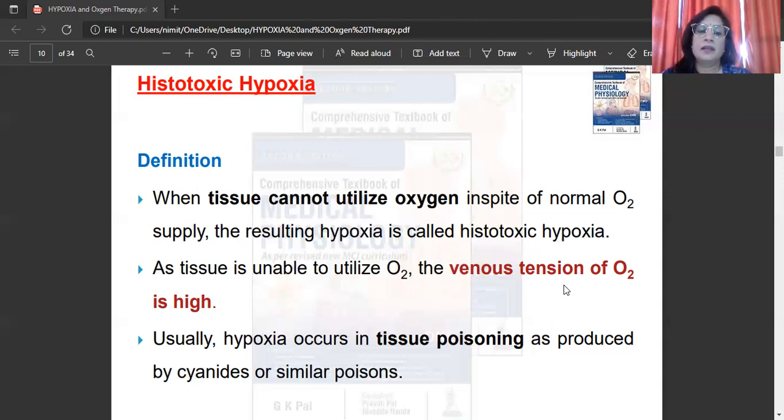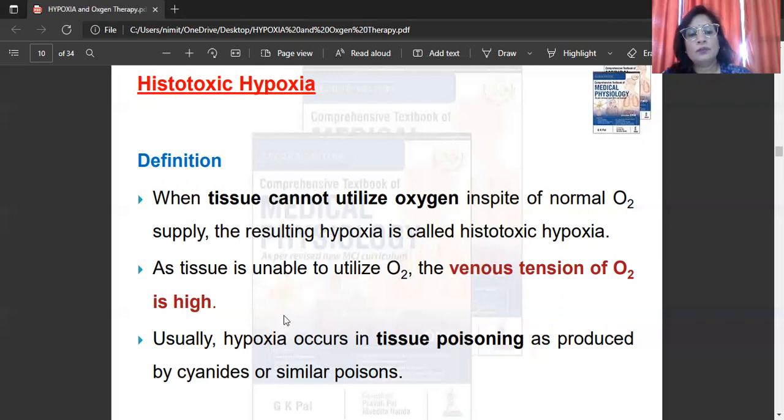This will result in histotoxic hypoxia. So, what is histotoxic hypoxia? When tissues cannot utilize oxygen in spite of normal oxygen supply, the resulting hypoxia is known as histotoxic hypoxia.